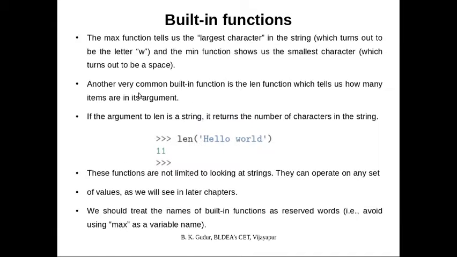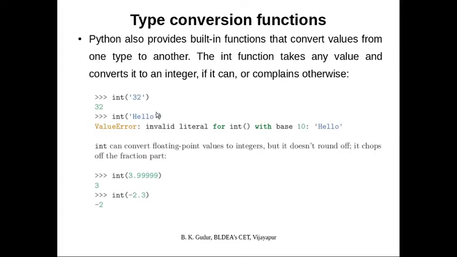We have also seen the len function, which returns the number of characters inside a string, that is, the length of the string. And we have seen type conversion functions like int, which converts a string to an integer. Not just a string: this function takes any value and converts it to an integer if it can, or complains otherwise.